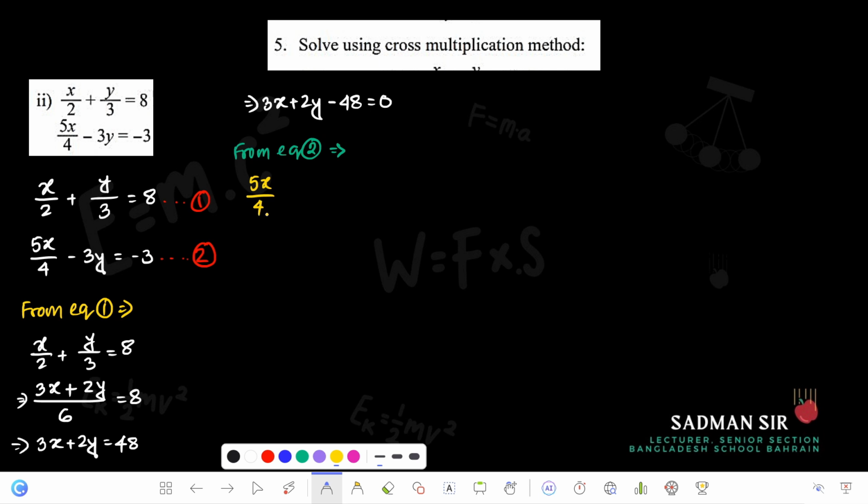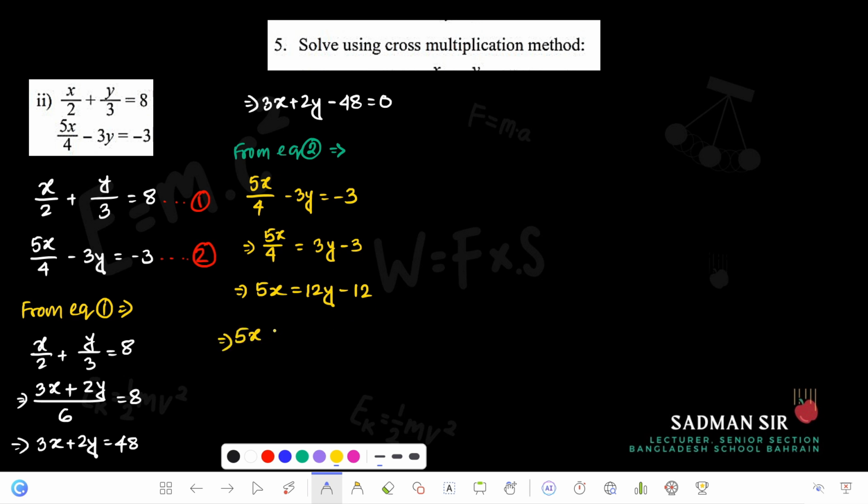x by 4 minus 3y equal to minus 3. So minus x by 4, if I change the side, it will become positive. Minus 3 was already there. And 5x equal to 5, and it is divided here. Then if I change the side, it will be multiplied. So 12, minus 12.